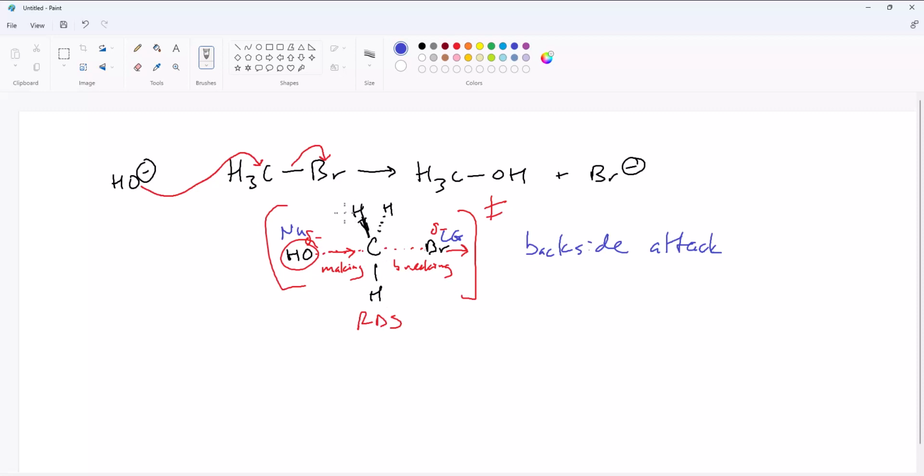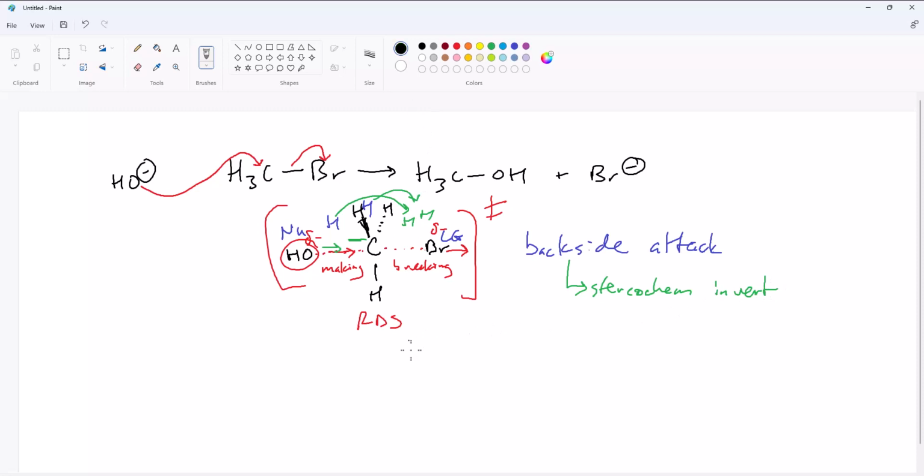So we have the H's kind of over here, and then when the nucleophile comes in and pushes it this way, they're going to flip over to the other side and form a bond on this side. So what we see in backside attack is that the stereochemistry will invert at the point of attack.